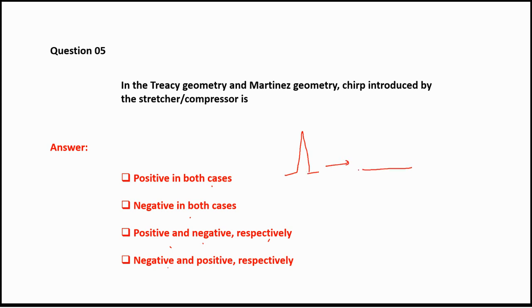Now, stretching, as the name suggests, the pulse will become something which is stretched. With respect to time, we'll get a broad line, which has more wavelength values. And talking about the compressor, further we'll get this.